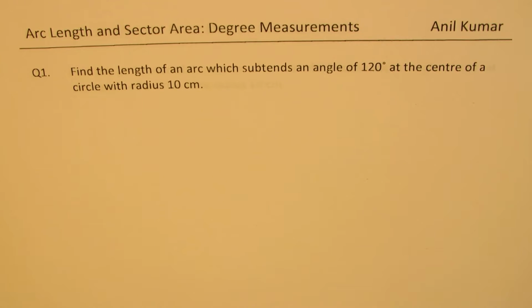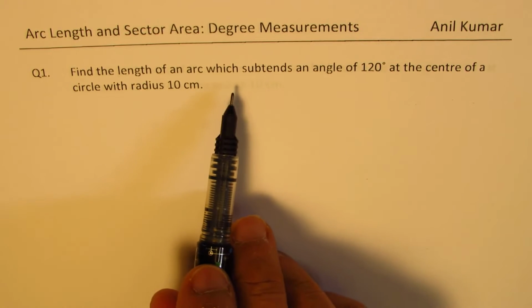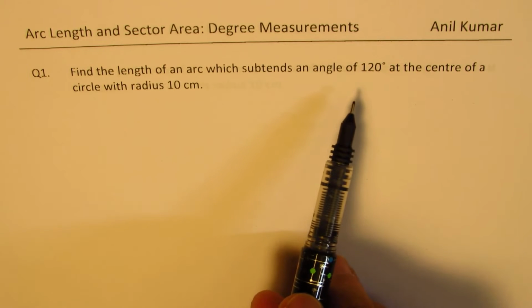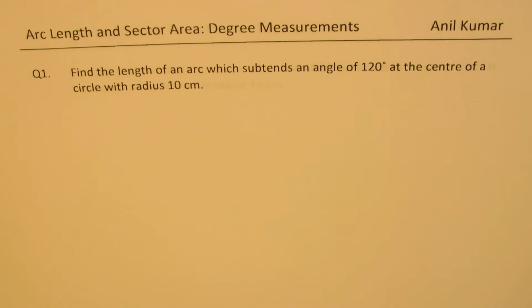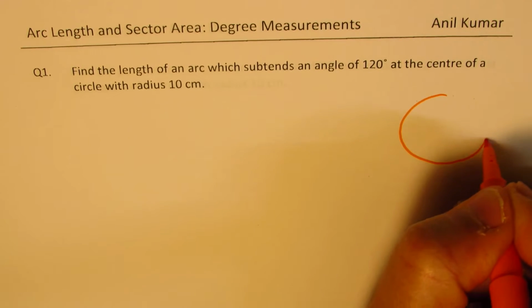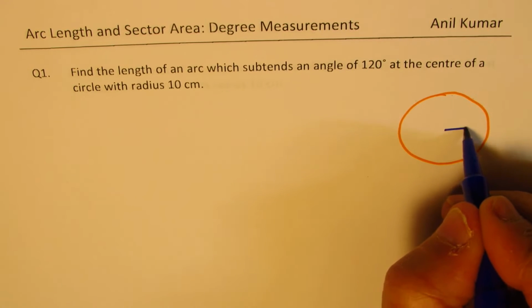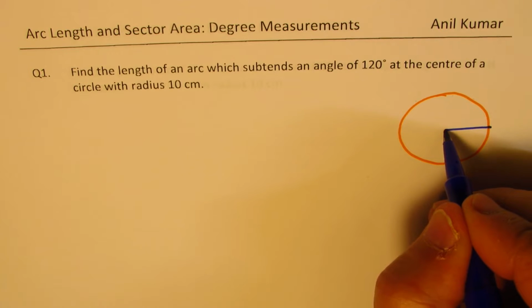The very first question here is a straight application of the formula. Find the length of arc which subtends an angle of 120 degrees at the center. Let's make a sketch. Okay, we want 120 degrees at the center. So it is an obtuse angle, right?